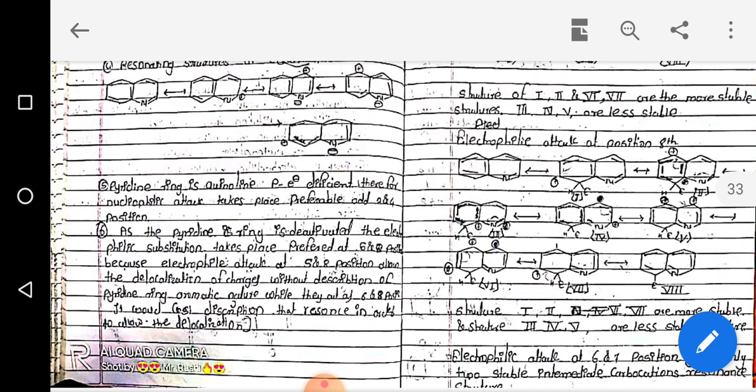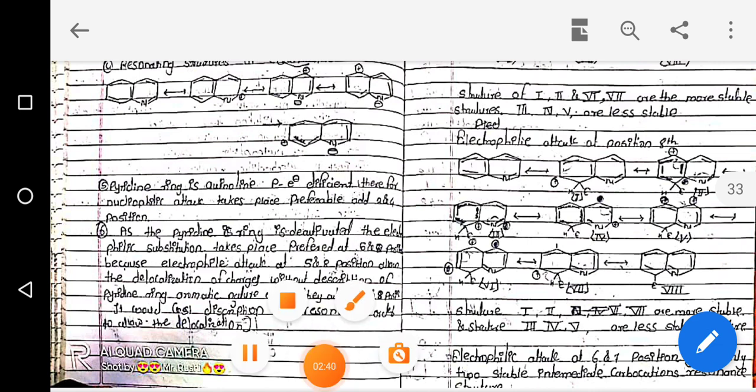We have to draw the total resonating structures, whatever they may be. In the structure there are 1, 2, 3, 4, 5, 6, 7, 8 positions. So we have to draw the total resonating structures of these quinolines at position 8.